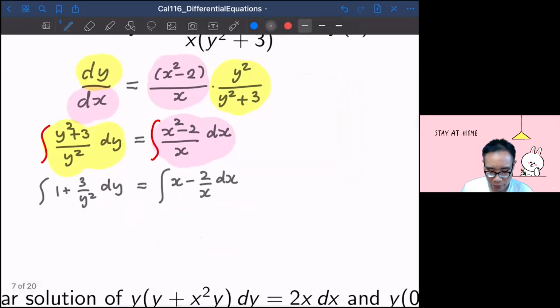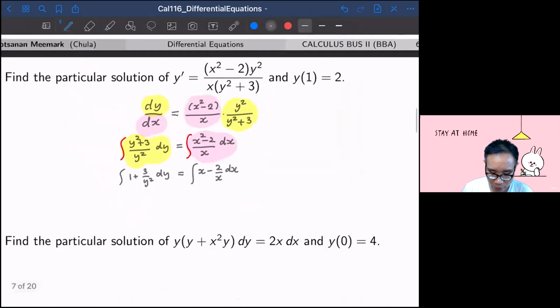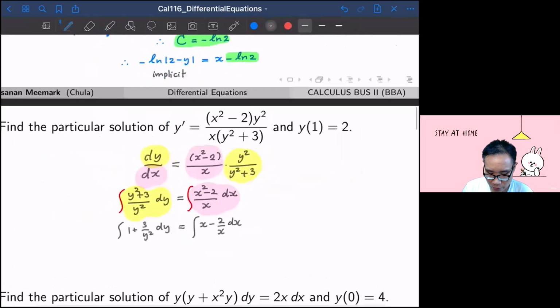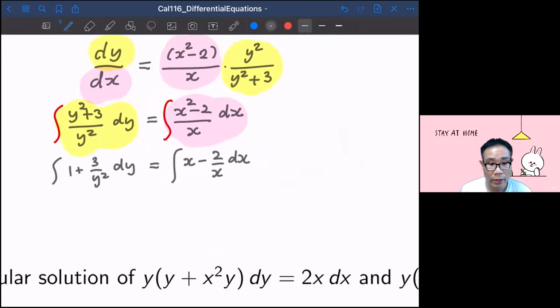And you just integrate 1 plus 3 over y squared. So this will be 1 minus 3 over y. And you integrate x, you get x squared over 2. Integrate 2 over x is going to be 2 log absolute x plus c.